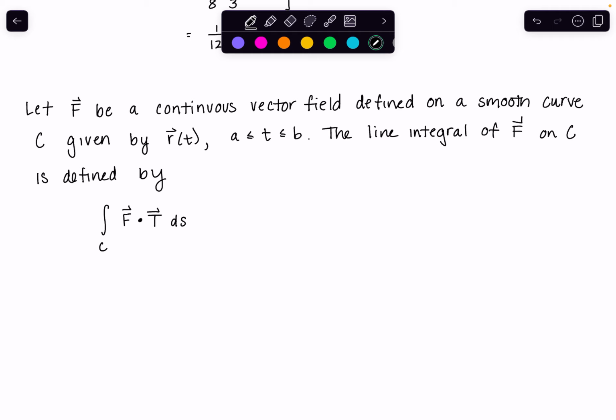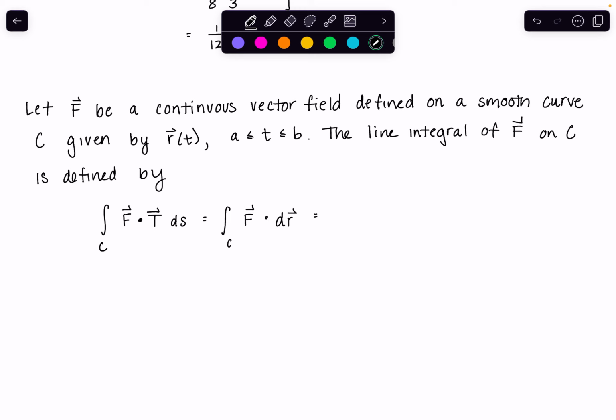Okay. So it's still going to depend on that change in arc length along that curve. So the tangent vector tells you the direction you're heading, but it's how we can calculate that displacement. What this really is then is T ds is just dr. Okay.